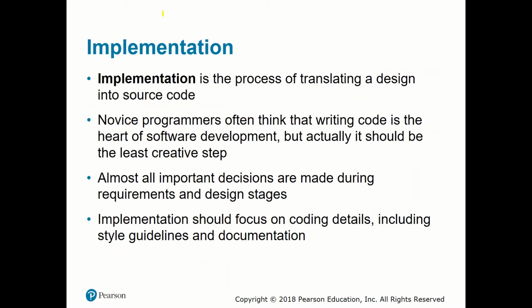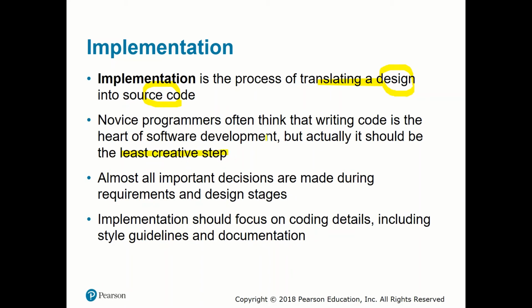Now, implementation activity. Implementation is the process of translating a design into source code. Okay, so you will write down the code according to the UML diagram. Novice programmers often think writing code is the heart of software development, but actually it should be the least creative step.